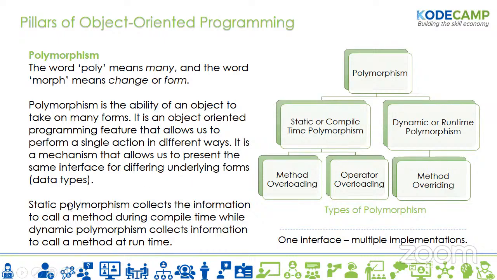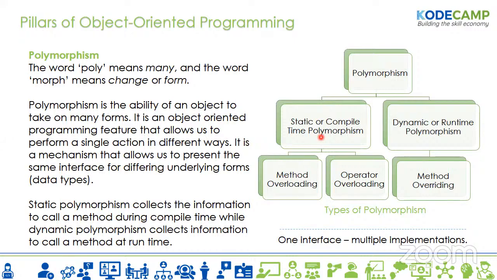Now, there are generally two types of polymorphism. The first is called static or compile time polymorphism, while the second is called dynamic or runtime polymorphism. When we say static, basically it collects the information to call a method during compile time.